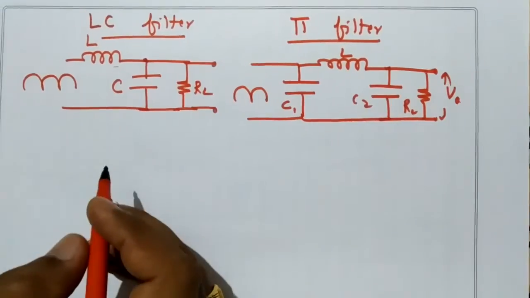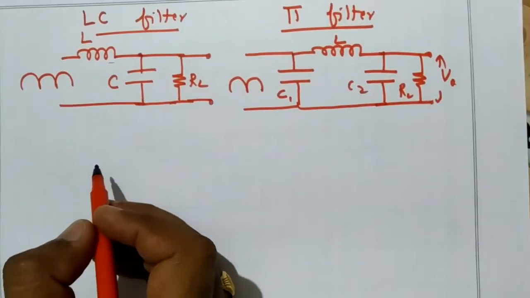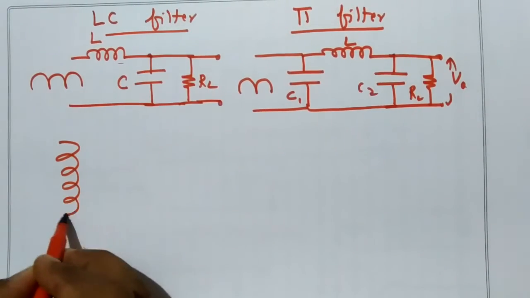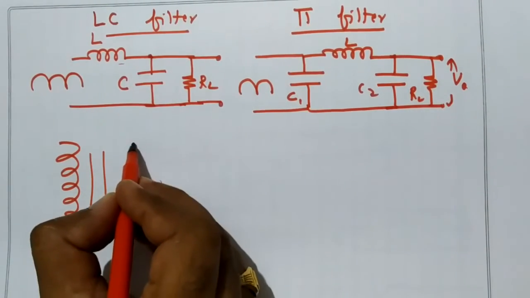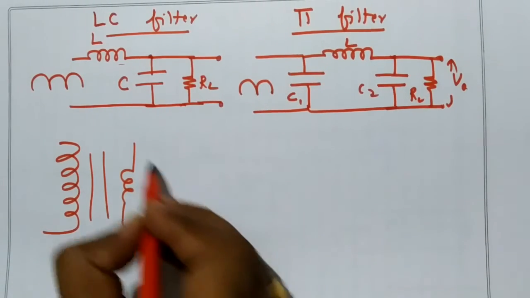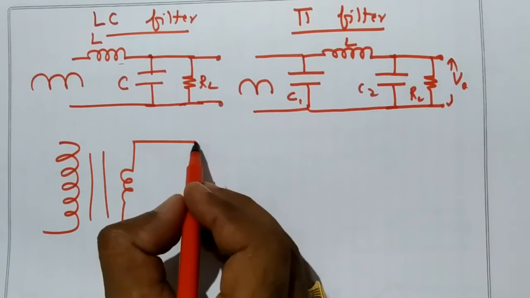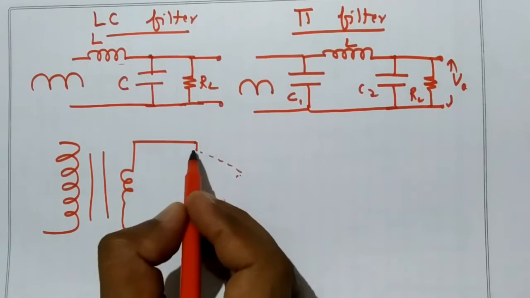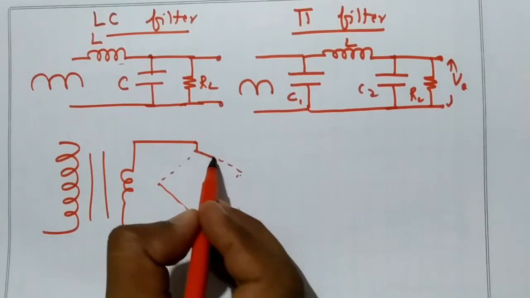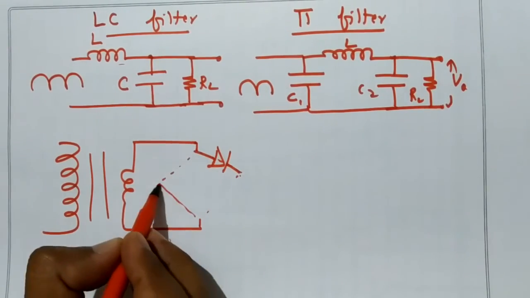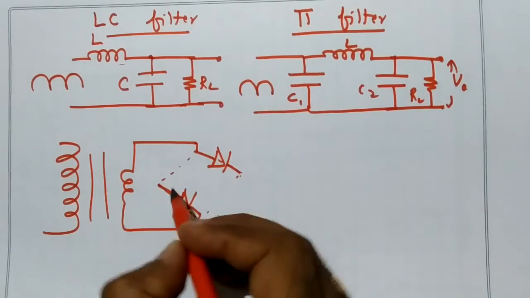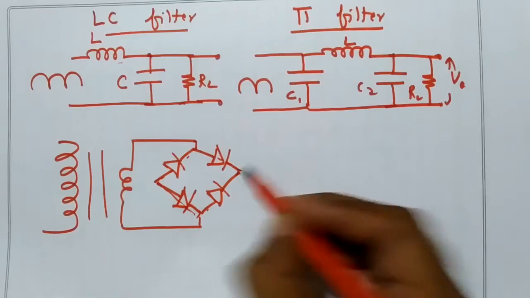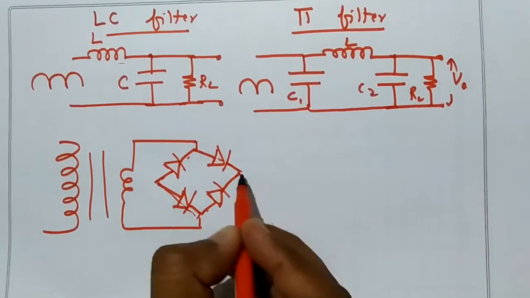Now the total bridge rectifier becomes, after including this filter, this. So this is the transformer, step down transformer. Here there is a diode here, there is a diode here, there is a diode like this, and there is a diode like this, and the load is connected between these two.